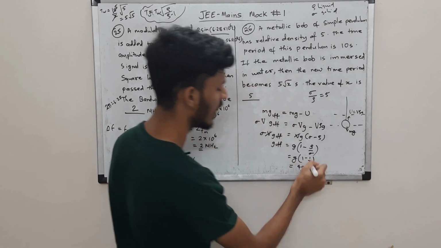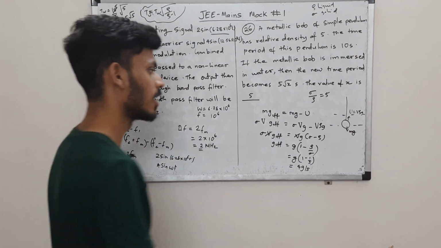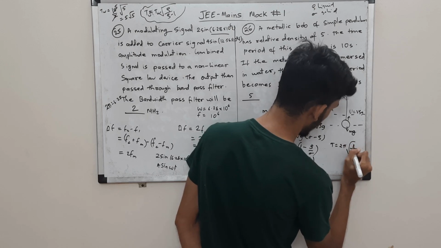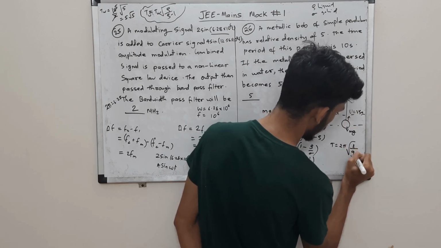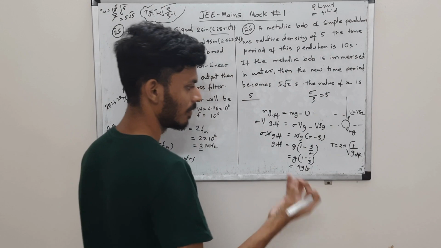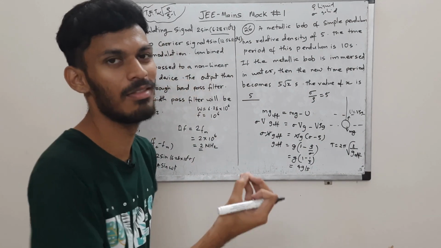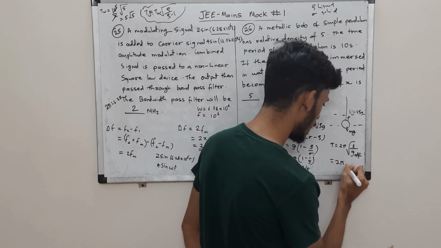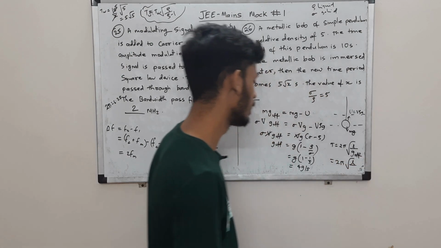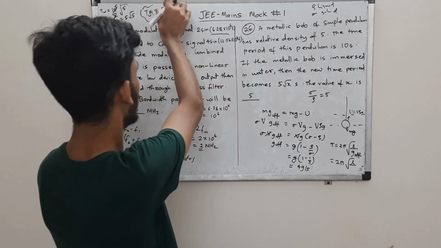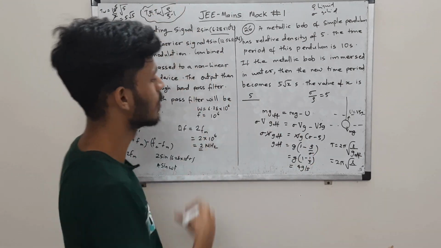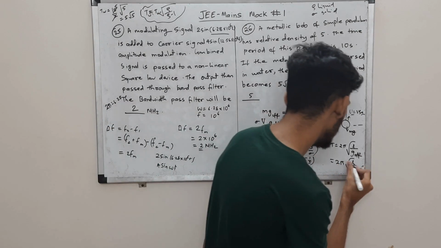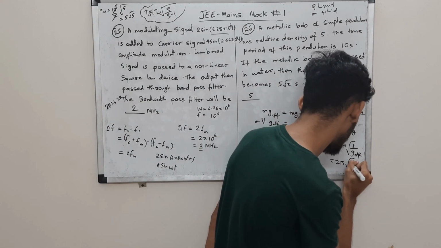So the effective gravity changes, due to which the time period will change. The time period is 2 pi under root L by G. The length does not change, the only changing factor is gravity. Acceleration due to gravity is itself impacted. So here we'll have 2 pi, again the same thing, and in place of G effective we have this.